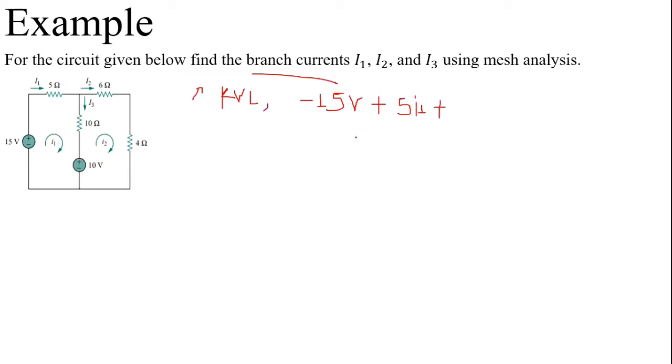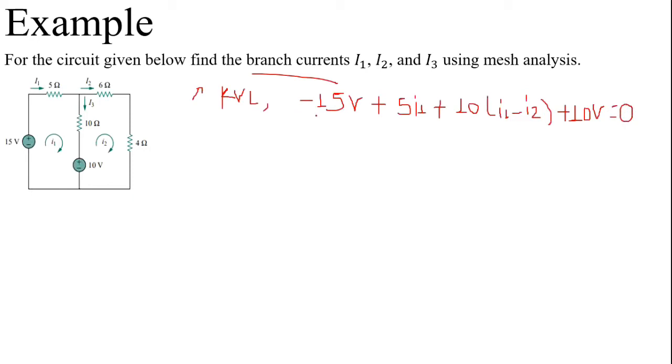So we can just use I1 minus I2 instead of I3, plus 10 volts, since for this supply voltage the current is entering the positive terminal, equals 0, since KVL states that the summation of voltage across a closed loop is 0.